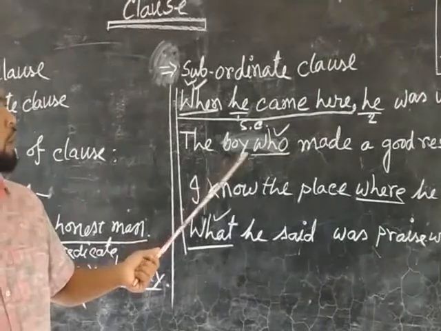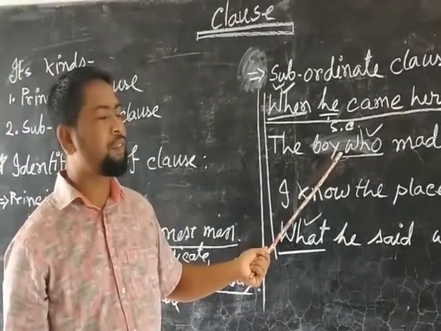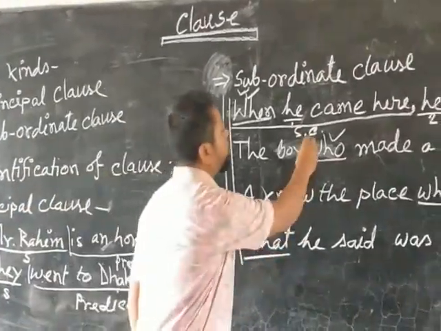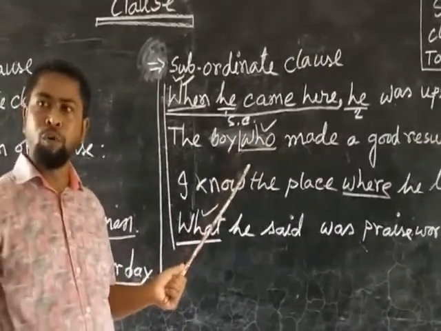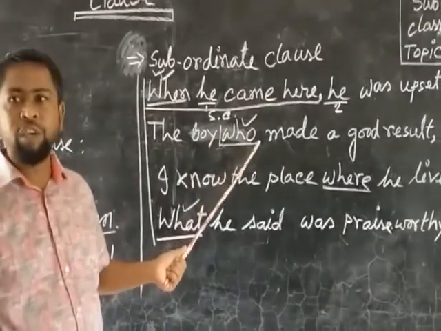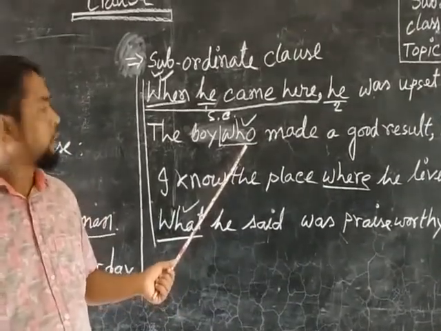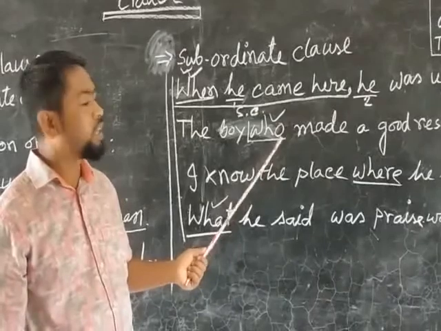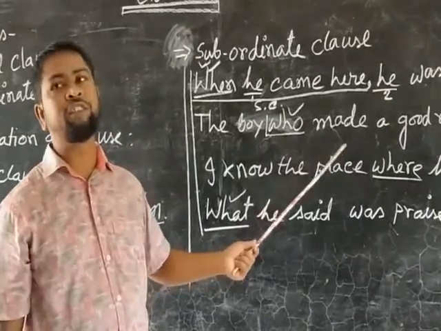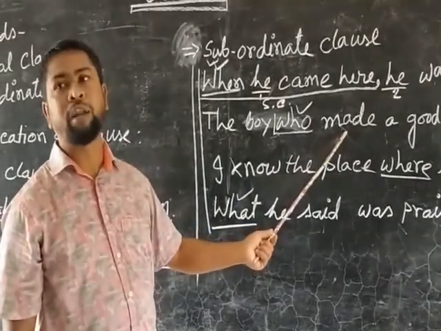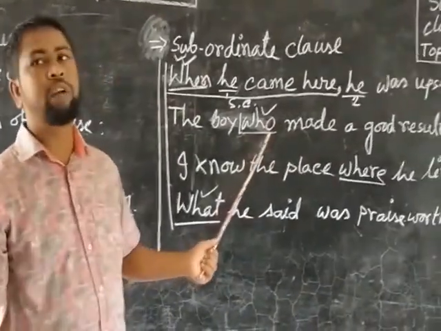Number 2, this sentence has begun with who. From this place, from who, the subordinate clause starts. If we do not have two subjects after the subordinating conjunction, then two finite verbs indicate which part is the subordinate clause.